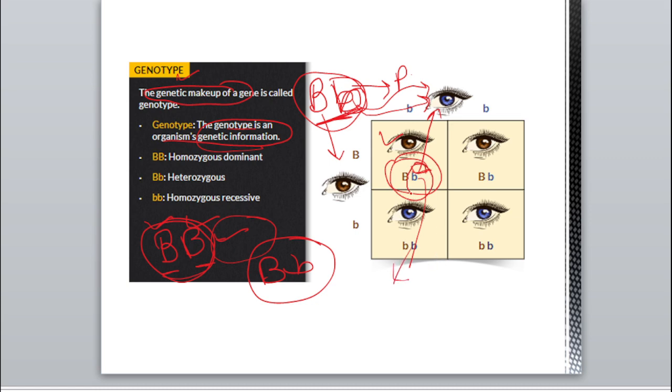So it has its effect also. The dominant one is dominant over the recessive, but recessive has its effects also. We will be seeing it after crossing, when we learn about how we cross traits and alleles.